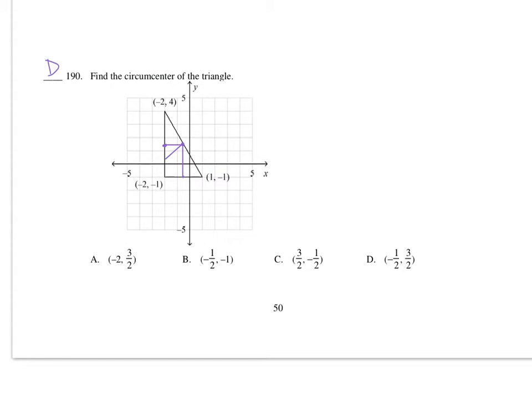Which of those meet at the circumcenter? It's perpendicular bisector. So for each of these little segments, and you could eyeball it and get lucky this time, I just found what would have looked like the middle and drew a perpendicular segment, same thing in all three ways, and it hits at a point that only made sense for one of those points, which was negative 1/2 and 1 1/2.